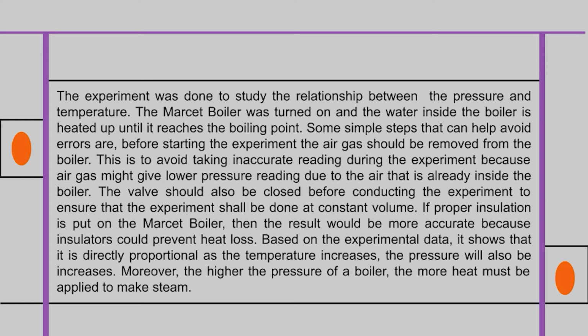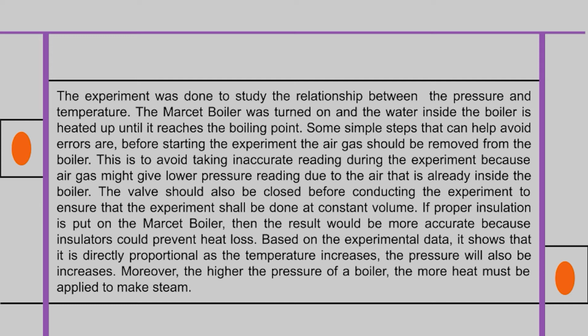Some simple steps that can help avoid error are, before starting the experiment, the air should be removed from the boiler. The valve should also be closed before conducting the experiment to ensure that the experiment is done at constant volume.